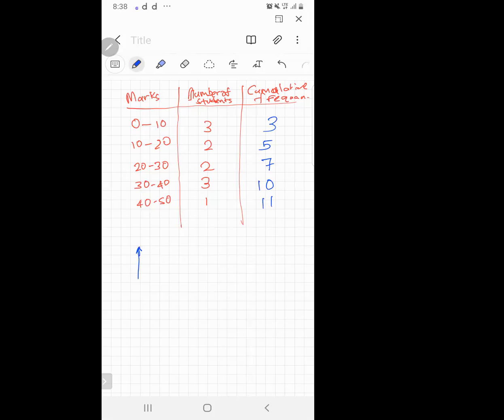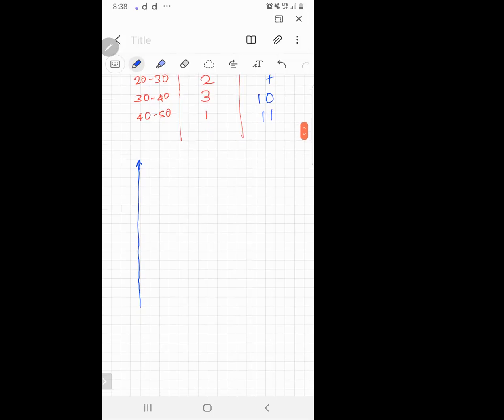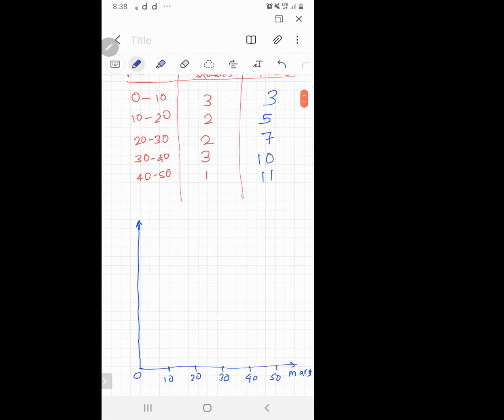One axis is cumulative frequency, and the other is marks. It starts from 0, 10, 20, 30, 40, and 50. This is marks, and here is cumulative frequency.